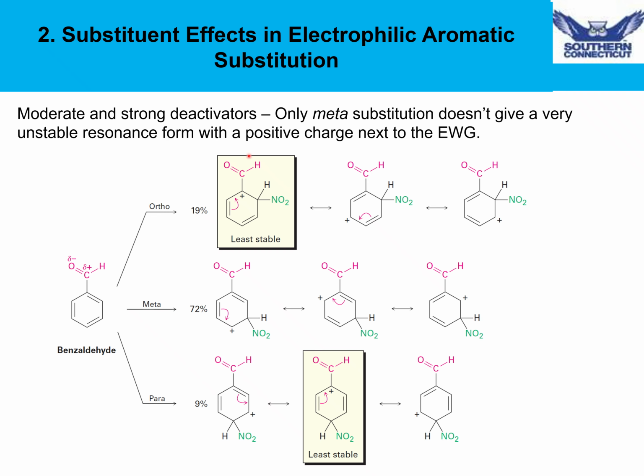For example, with an aldehyde, if we did an ortho substitution of a nitro group, we're going to have this positive charge on the same carbon as the carbonyl. So this is a very unstable resonance structure.